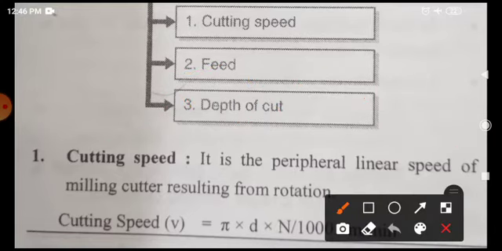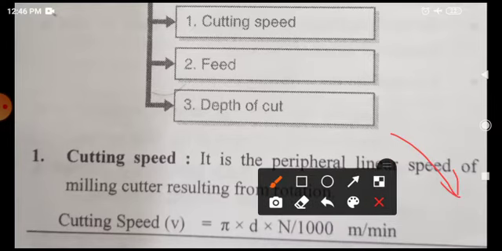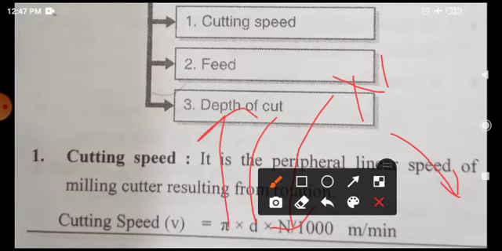Here n is the frequency of rotation, that may be 60, 70 rpm, revolutions per minute. Then d is the diameter of the cutter, and pi we know is 3.14 or 22 by 7, any value can be taken.